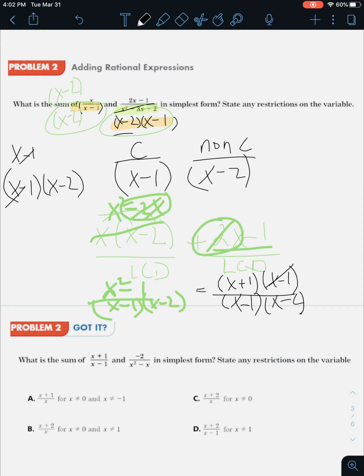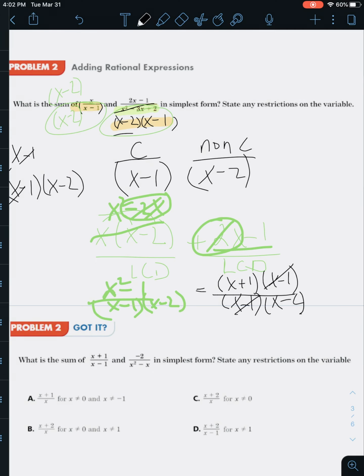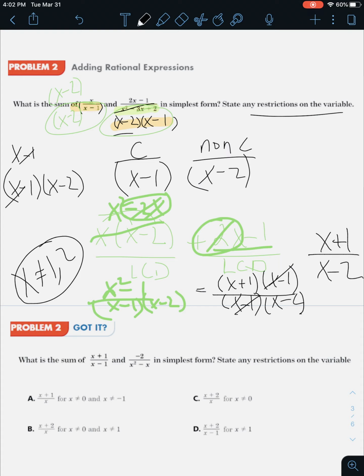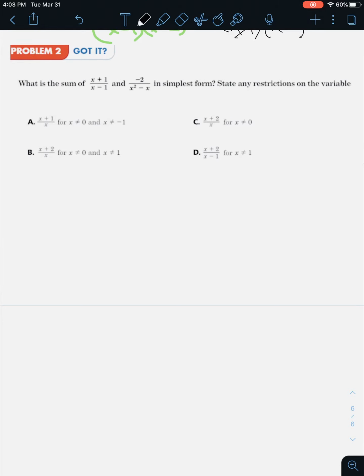Now, if we cancel the x minus 1s, remembering that x cannot equal 1 or 2, that's my restrictions, I'm left with, in simplified form, x plus 1 on the top and x minus 2 in the denominator. There is my simplified form. That's the sum in simplest form, and here are my restrictions. That's what we're going to do with this problem. So let's look at the next one.